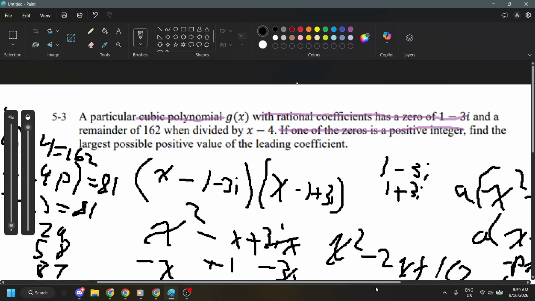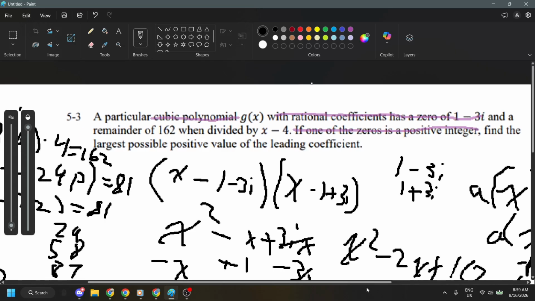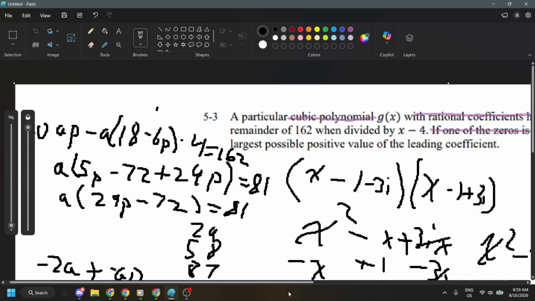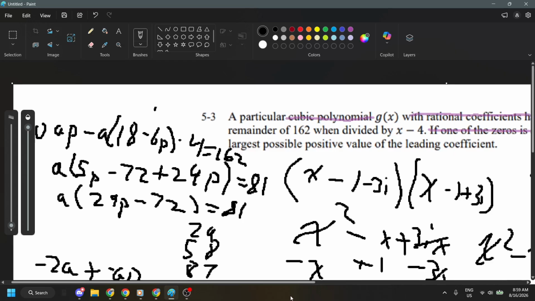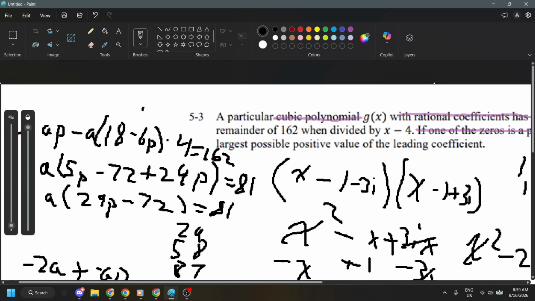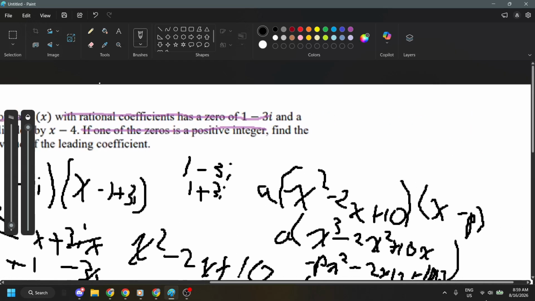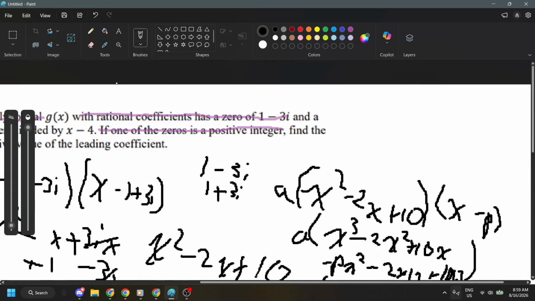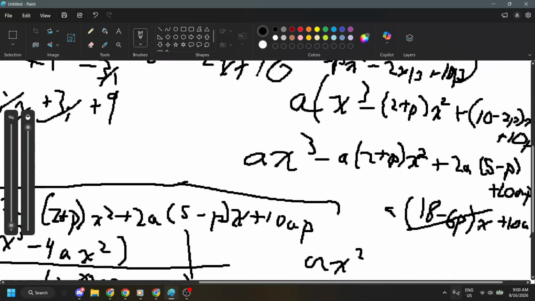So p doesn't have to be an integer. Oh, it is, if one of the zeros is a positive integer. Let me make sure I did this right.